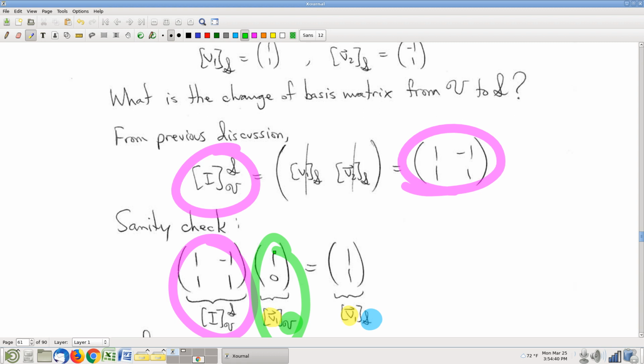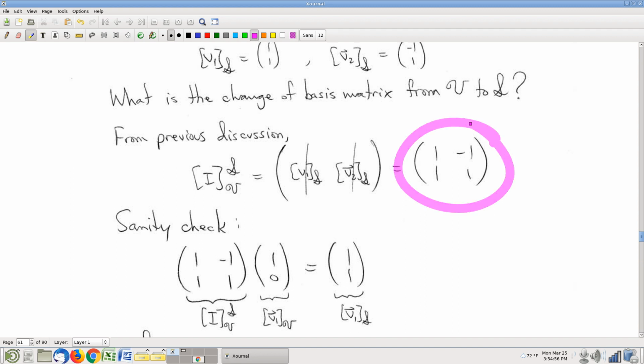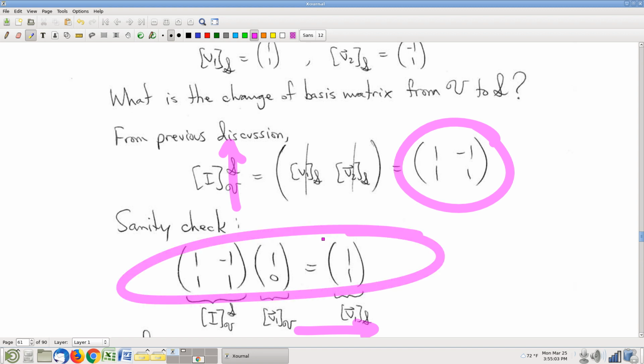The S coordinates of V1, oh well, that was given. The S coordinates of V1 are 1 and 1. So if this matrix as described is converting V coordinates to S coordinates, it would need to be the case that when I multiply that matrix times that vector of coordinates, I should get this vector of coordinates.